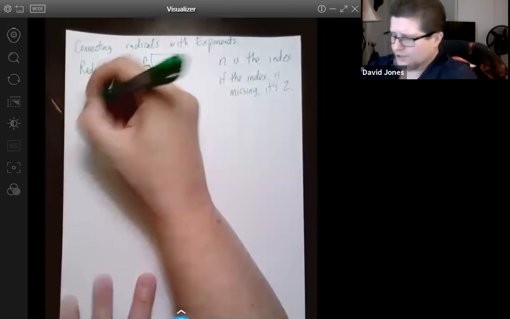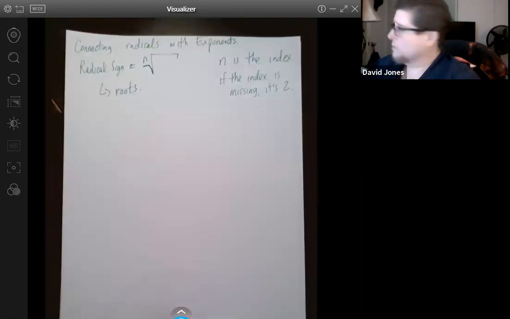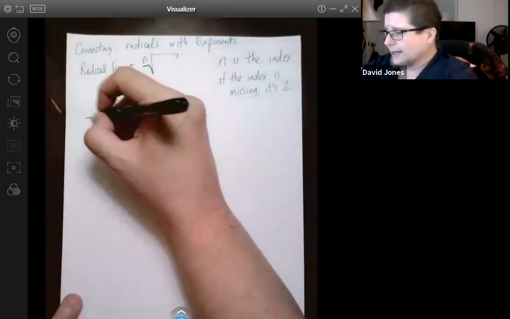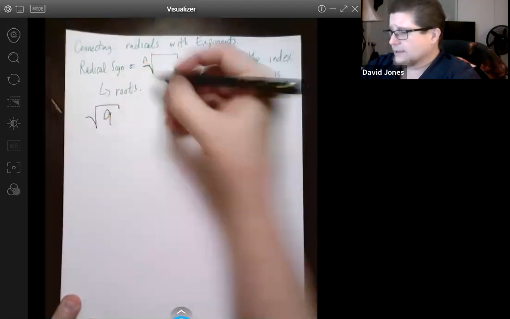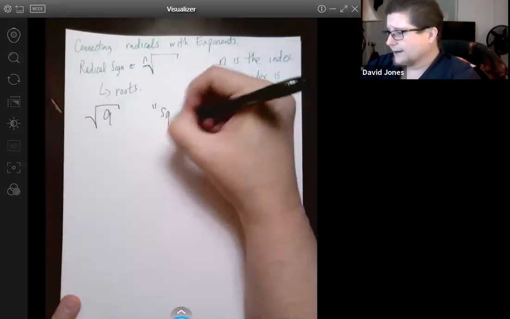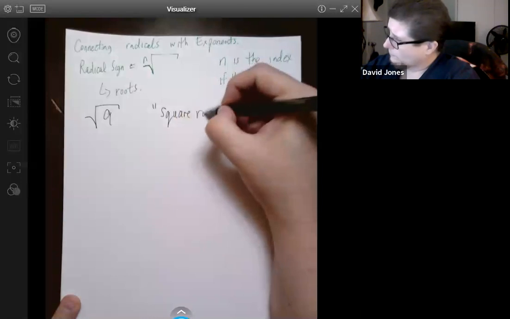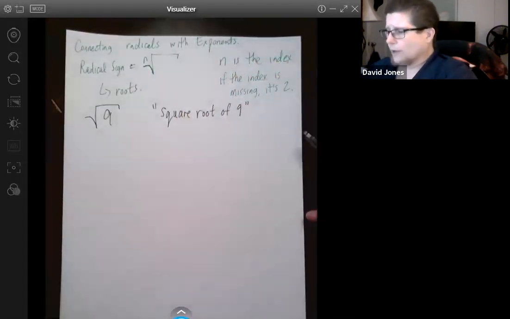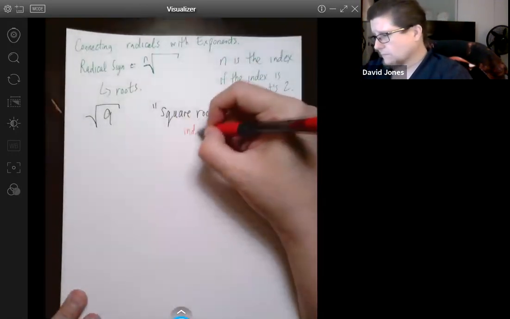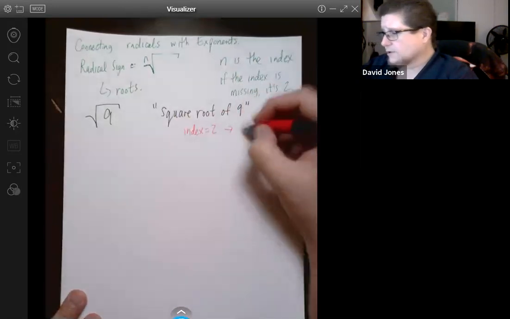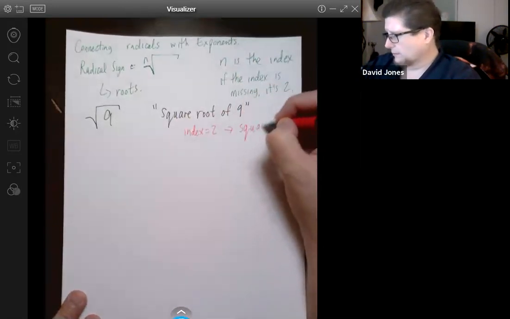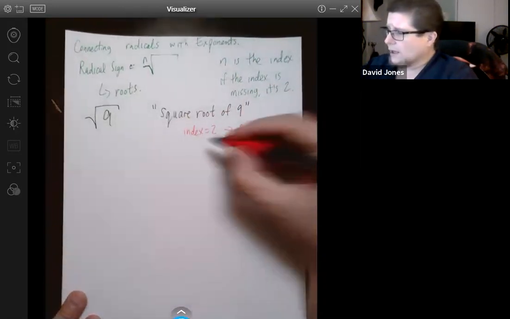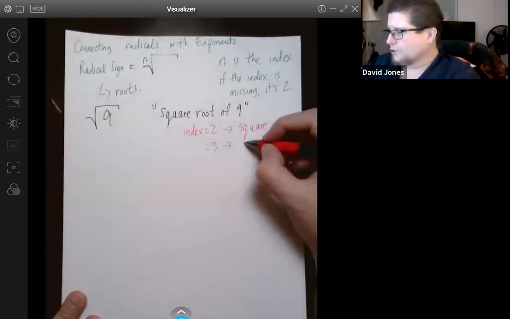So let's just start with our example. I'm going to do the square root of 9. When the index is 2, we call it square root. When it equals 3, we call it the cube root.